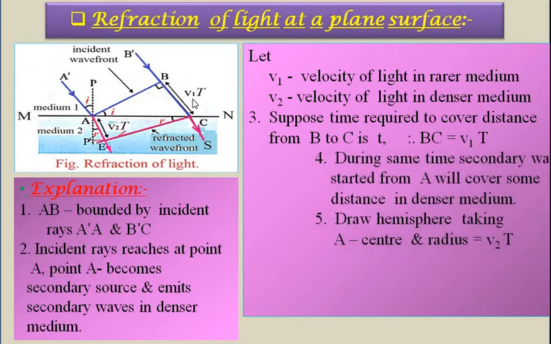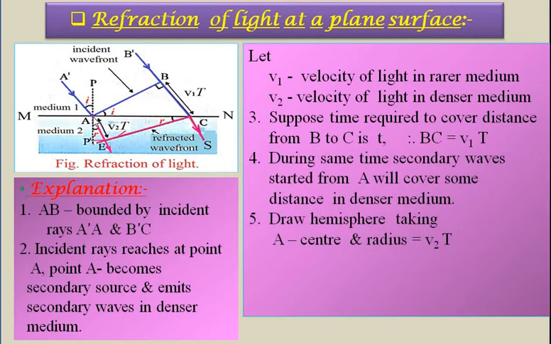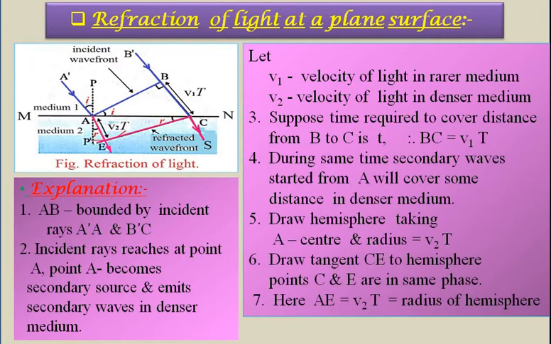During the same time, the ray started from A will cover some distance in the denser medium. Draw the hemisphere taking A as the center and radius equal to V2 into t. Draw the tangent to the hemisphere, that is CE is the tangent to the hemisphere.